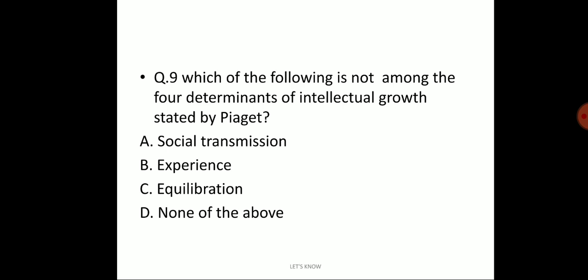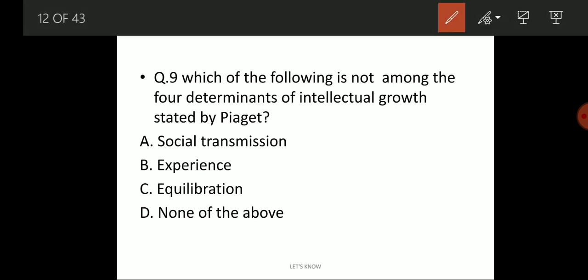Suppose I have imagined the Taj Mahal, and when I see it with my own eyes, I find my imagination was correct, totally matching my live experience. This is equilibration. Here our correct option will be A, social transmission.